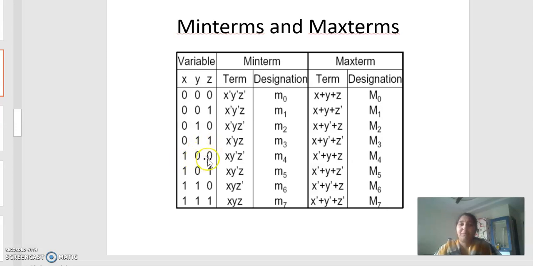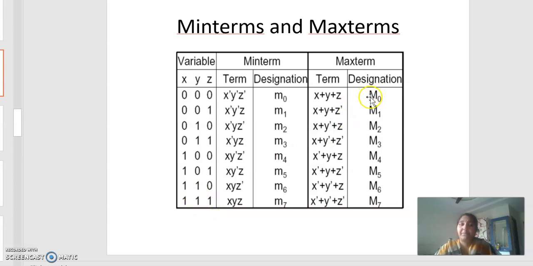For the combination 1 0 0, the maxterm is x bar plus y plus z. For the 1 0 1 combination, x bar plus y plus z bar. For 1 1 0, x bar plus y bar plus z. For 1 1 1, x bar plus y bar plus z bar.